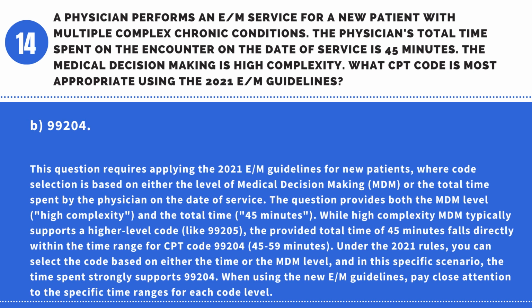Answer B, 99204. This question applies the 2021 E/M guidelines for new patients, where code selection is based on either the level of medical decision-making, MDM, or total time spent on the date of service. The keywords are new patient, multiple complex chronic conditions, indicating high MDM, and 45 minutes, total time. For new patients under the 2021 guidelines, 99204 can be selected based on either moderate MDM or 30 to 44 minutes of total time.